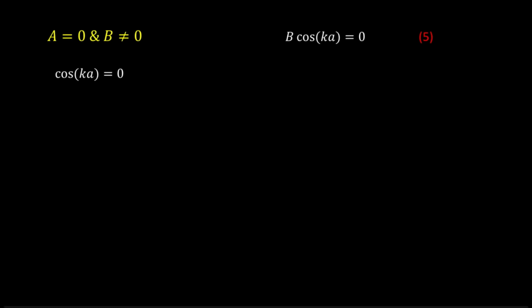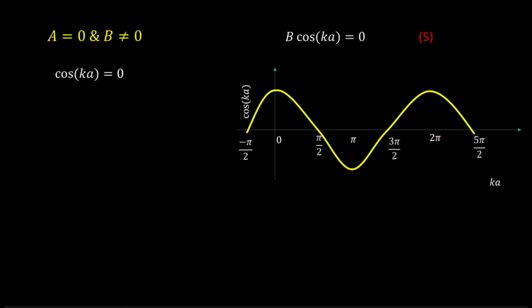Since the values of the cosine function become 0 for arguments pi by 2, 3 pi by 2, 5 pi by 2, etc., this condition cos ka equal to 0 demands that ka must be an odd integral multiple of pi by 2. So ka equal to n pi by 2 with n equal to 1, 3, 5, etc.